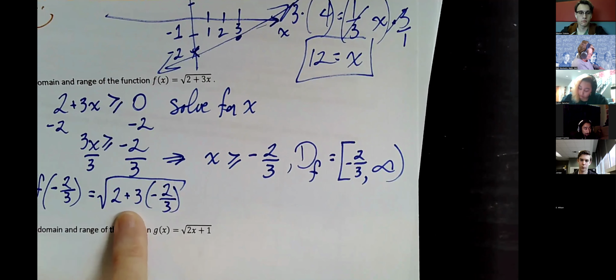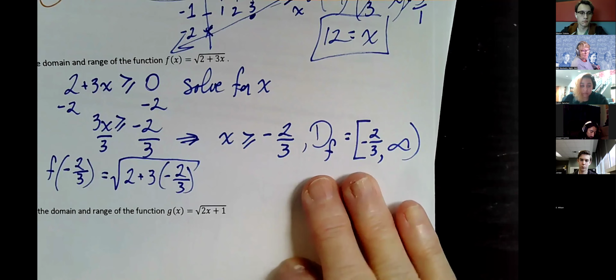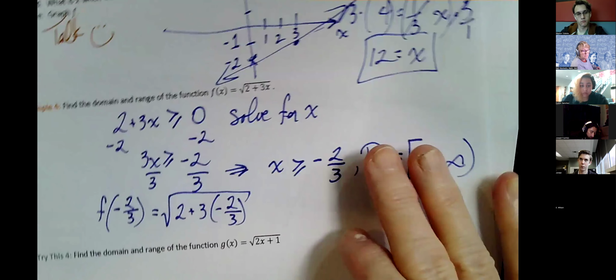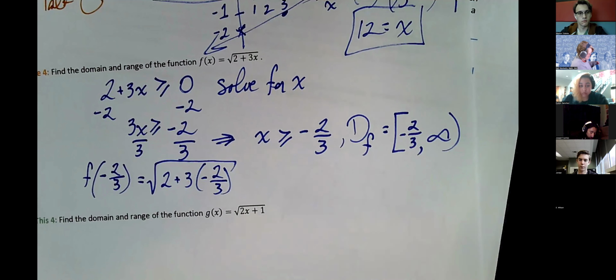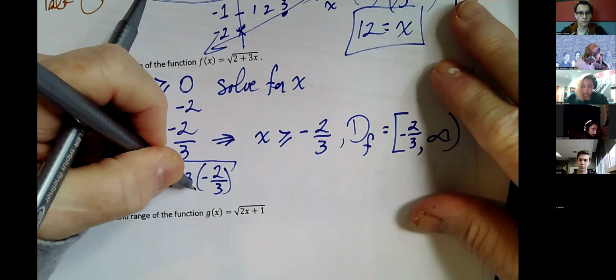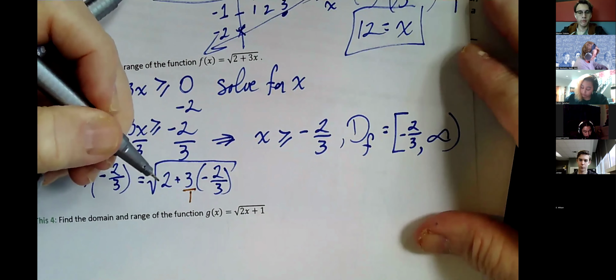What's a nice way to multiply 3 and negative 2/3? You turn 3 into 3 over 1.